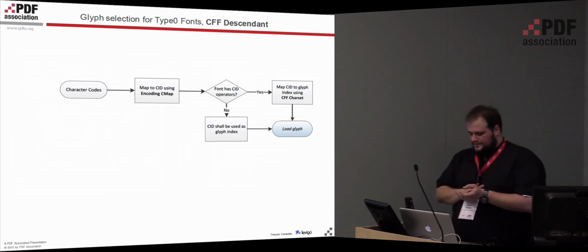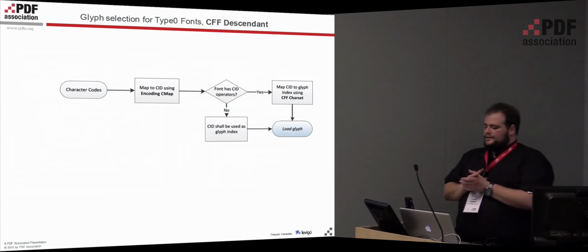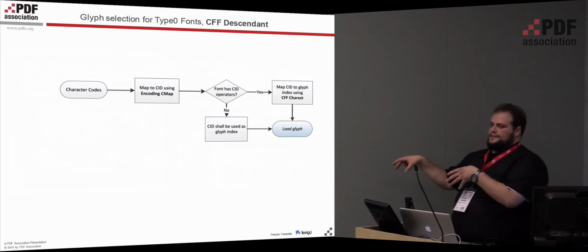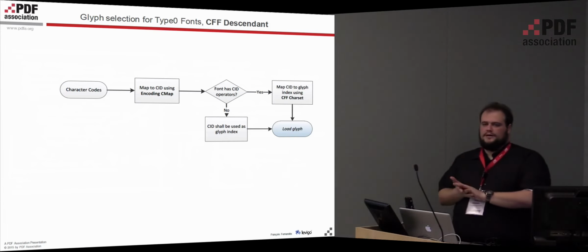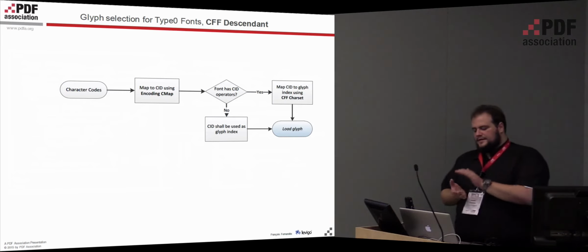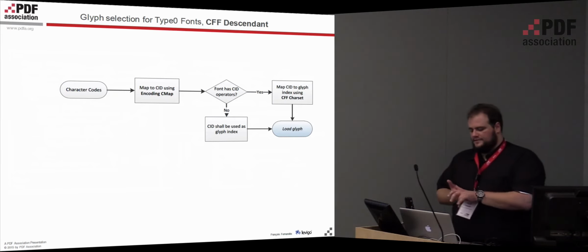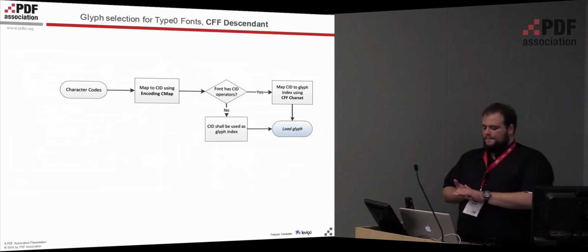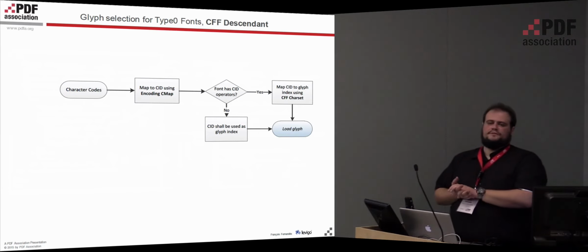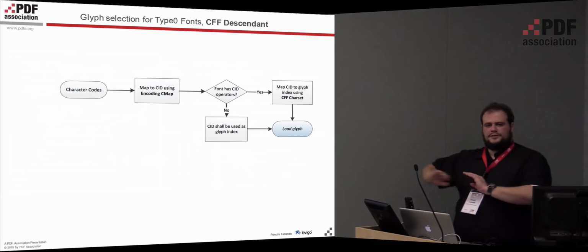If so, we shall use the CFF charset to do the actual mapping. It is again another kind of built-in encoding. If it doesn't have any kind of CID operators, which are some generic ones, the CID will be directly the glyph index. So no further mapping required, just go for the glyph.